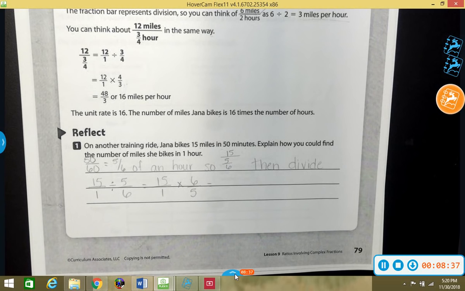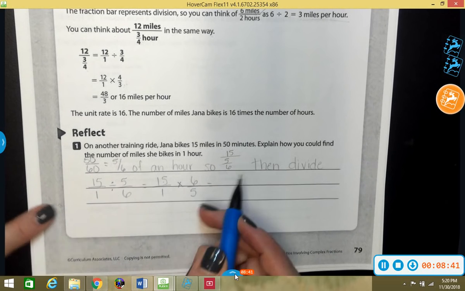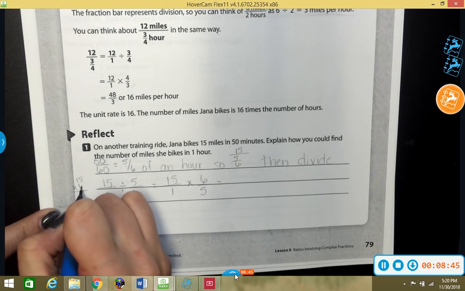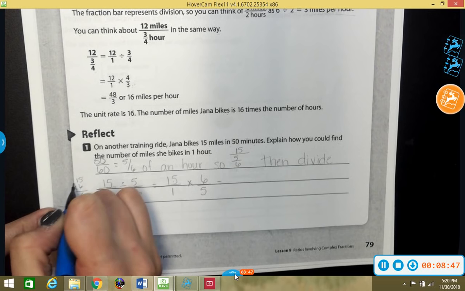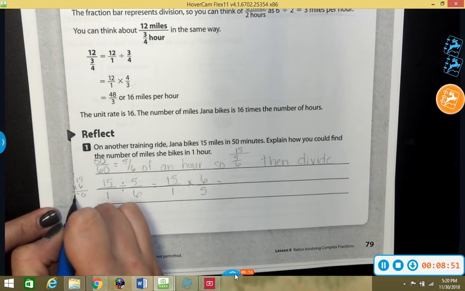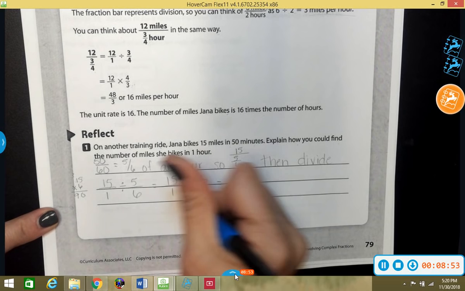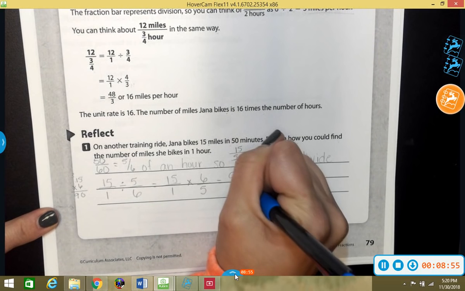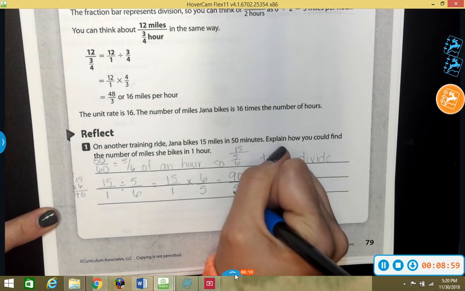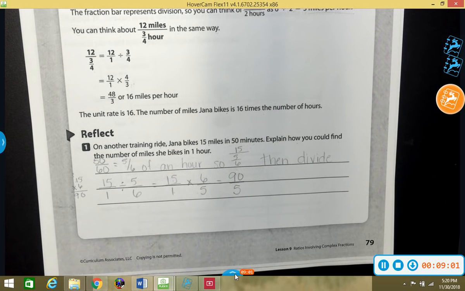All right, so we can do the math. We can say 15 times 6, so just over here in the corner, 15 times 6. 6 times 5 is 30, 0, carry your 3. 6 times 1 is 6, plus 3 is 9. So 15 times 6 is 90, over 1 times 5 is 5. Now you have to divide this.